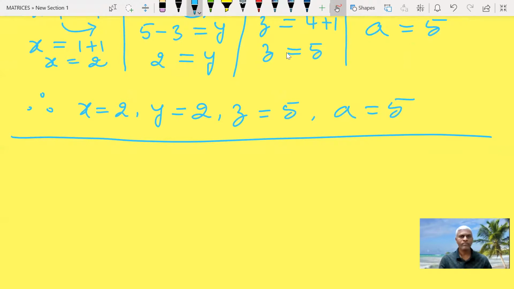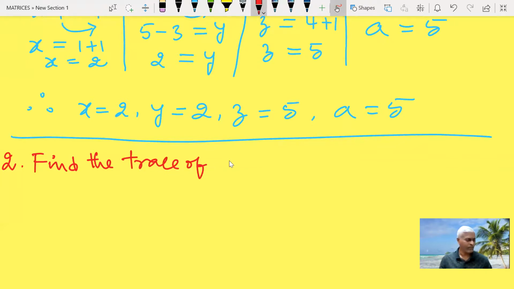So now let us take another problem. Find the trace of the matrix 1 3 minus 5, 2 minus 1 5, 2 0 1.